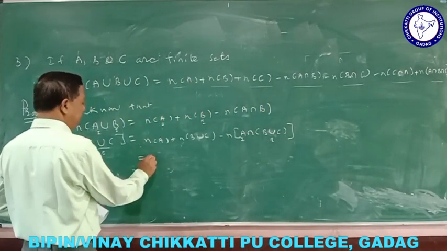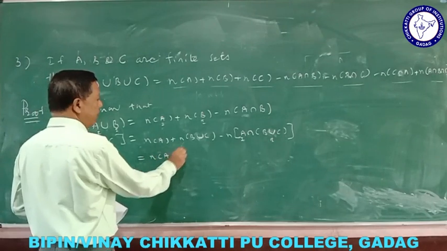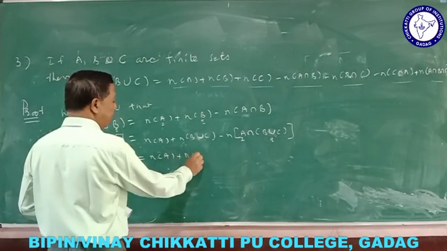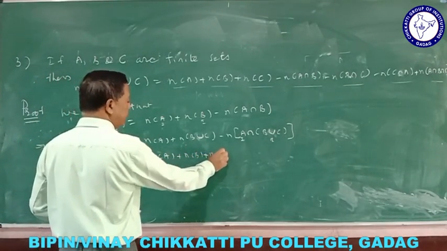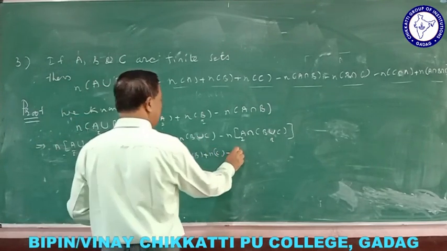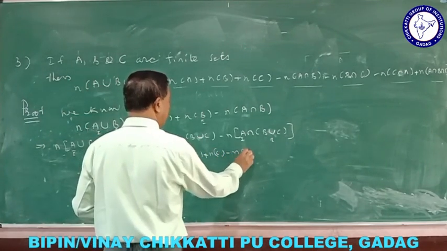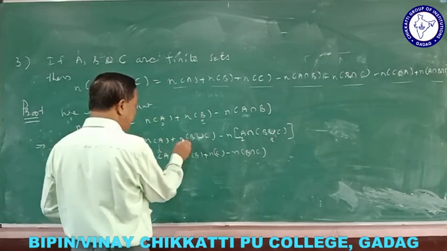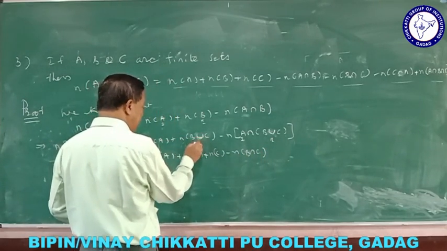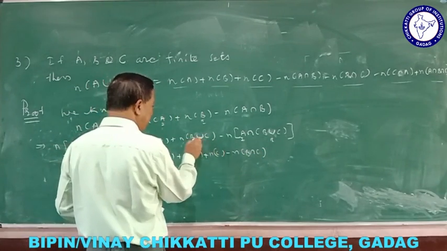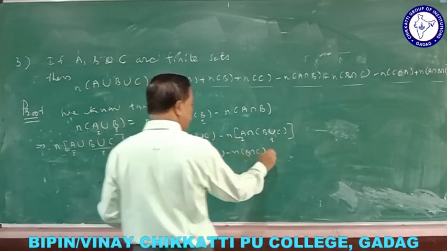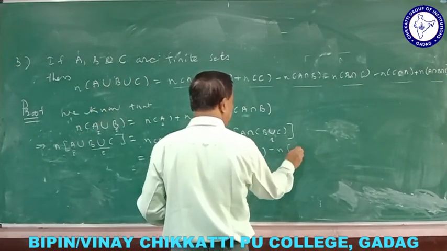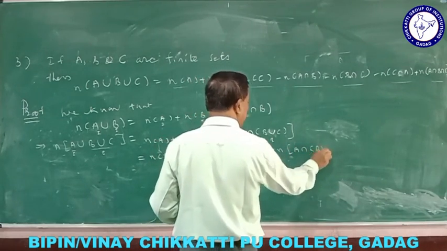What is n of A? N of A. What is n of B union C? This is n of B plus n of C minus n of B intersection C. Look at this, n of A is right. This is n of A plus n of B plus n of C minus n of B intersection C, and this is minus n of A intersection B union C.